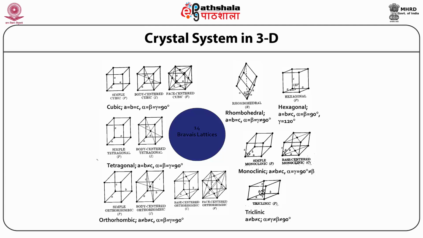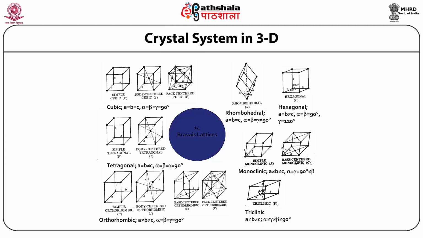This figure shows all 14 point lattices. These are called conventional unit cells as they show the symmetry of the lattice well. But again, it is not necessary to select a unit cell only in this particular way.